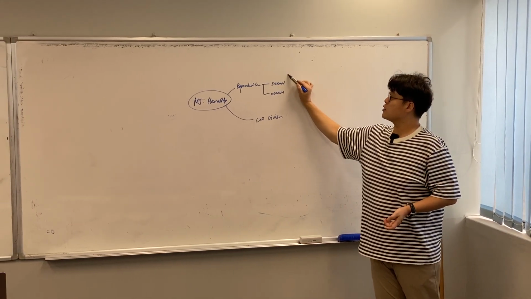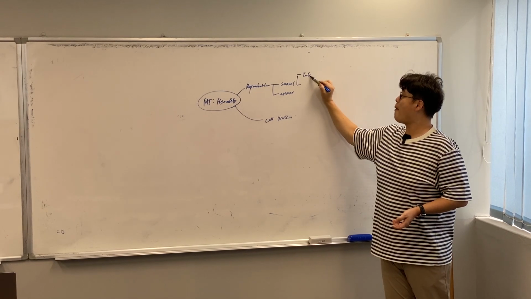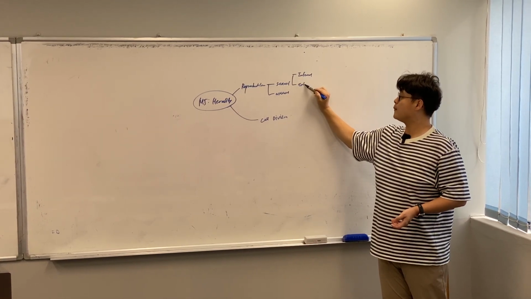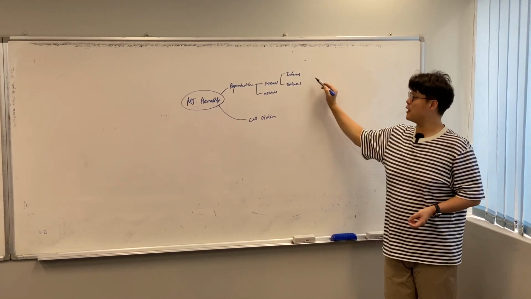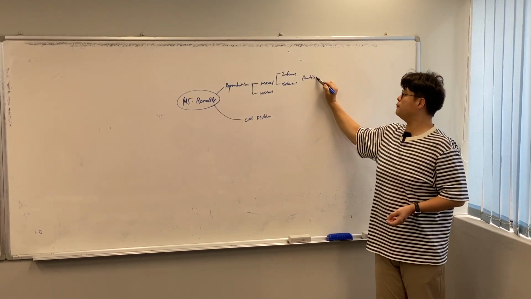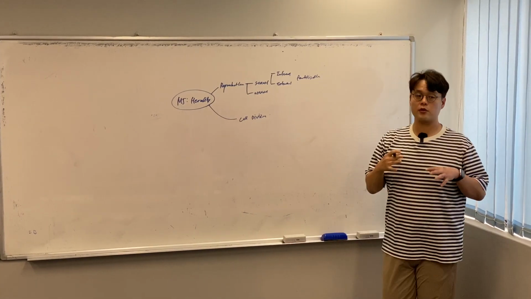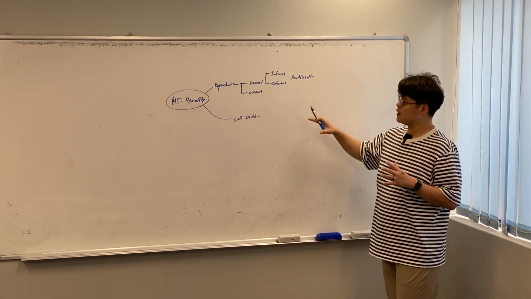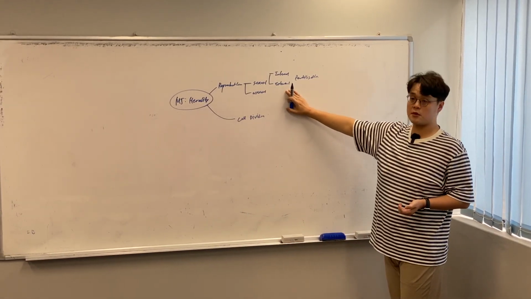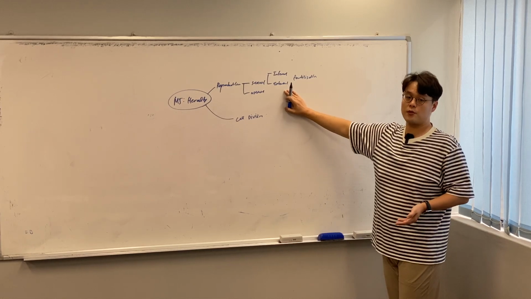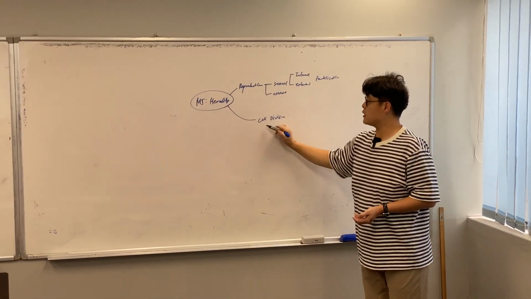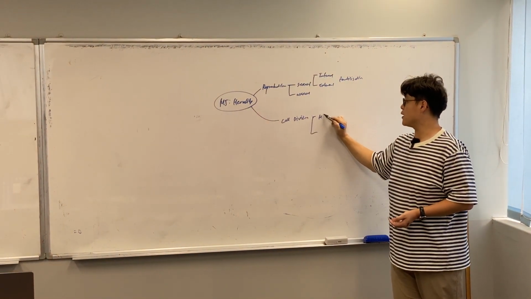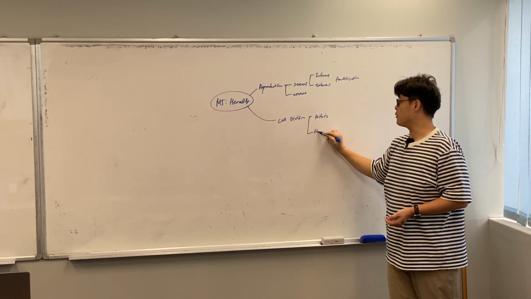Inside sexual reproduction, we learnt about internal and external fertilization. I believe you probably have a good understanding of the similarities and differences between internal and external fertilization, so I won't go into too much detail about it. Cell division, as I said, we had 2: mitosis and meiosis.